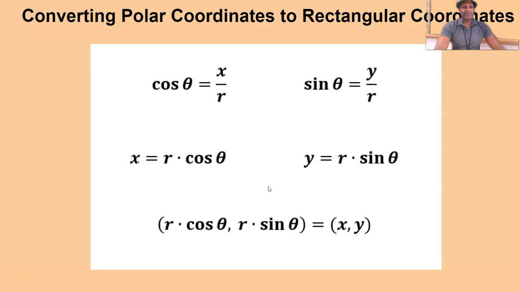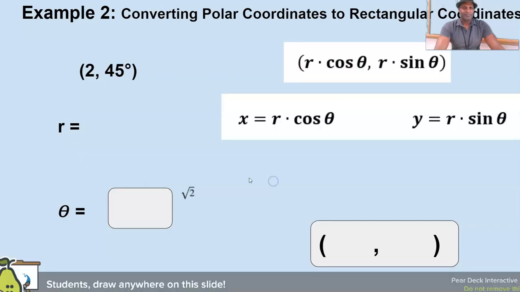The second thing we're going to learn how to do is convert polar coordinates to rectangular coordinates. Let's say we wanted to convert (2, 45) from polar coordinates to rectangular coordinates. The first thing you have to realize is that you have to pick out what r is. r is 2, and theta is 45 degrees.